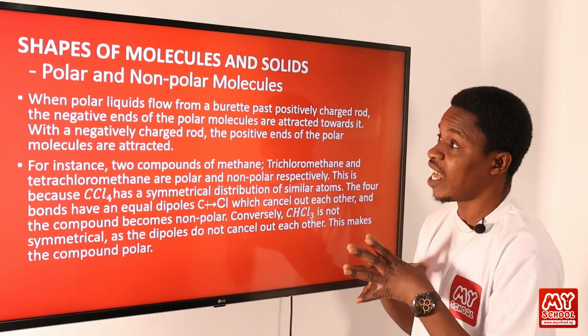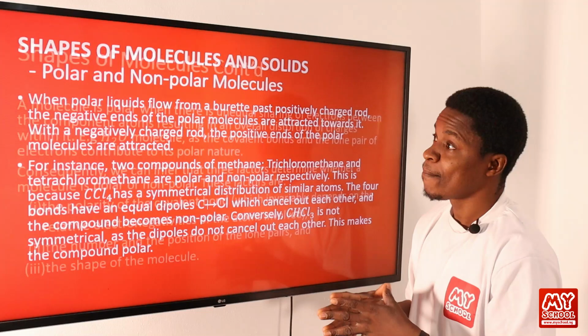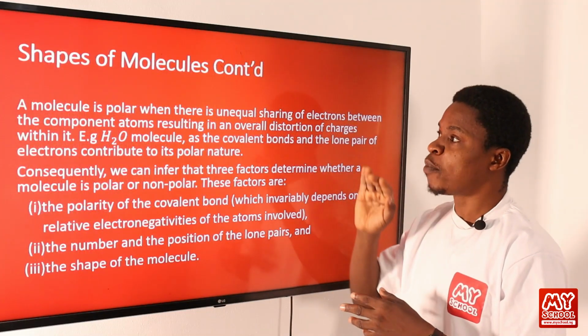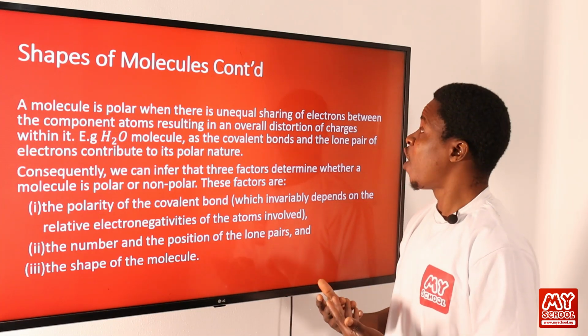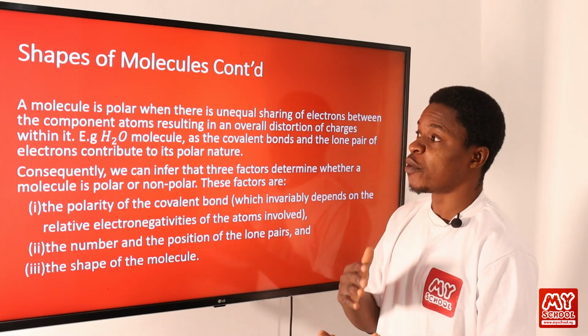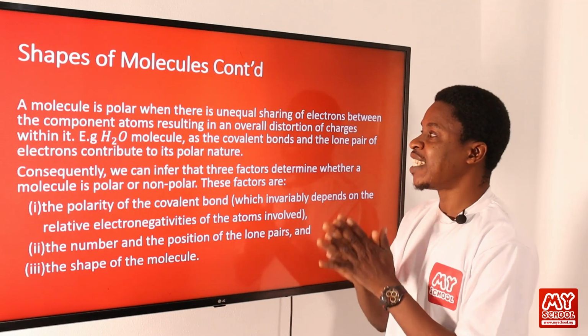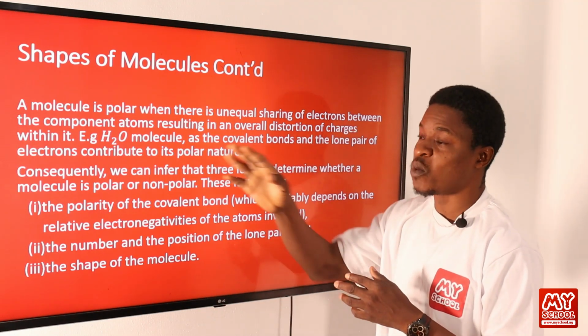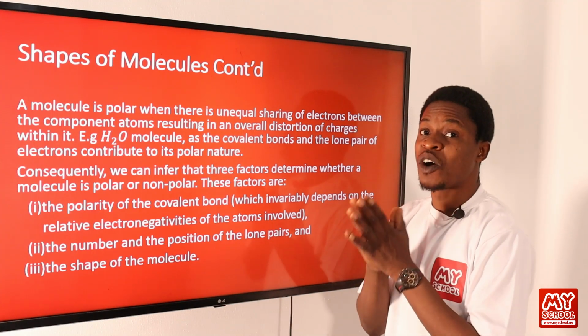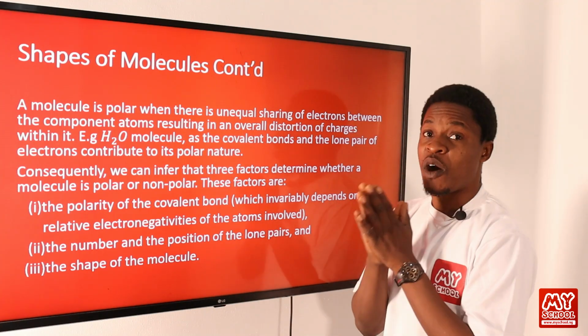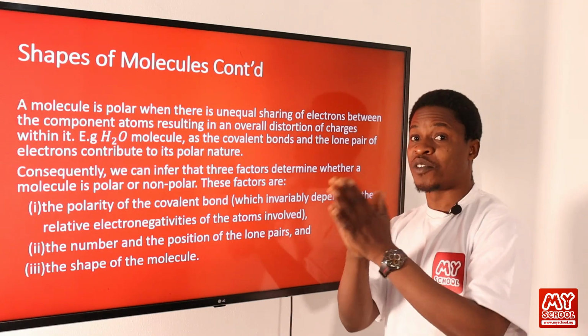Let's move on to the next slide. A molecule is polar when there is unequal sharing of electrons between the component atoms, resulting in an overall distortion of charges within it. Like I gave you an example now, trichloromethane has unequal sharing of electrons, unlike tetrachloromethane.